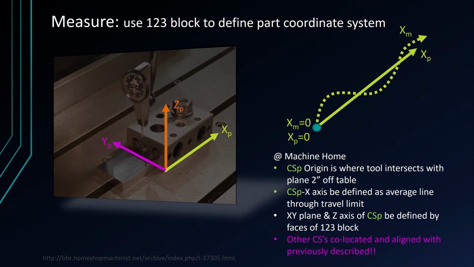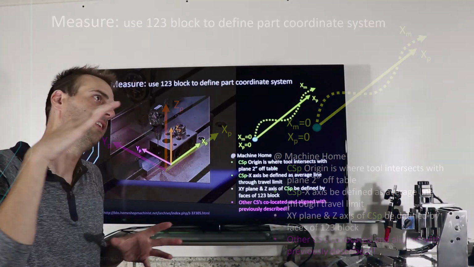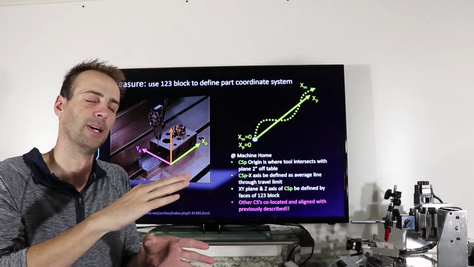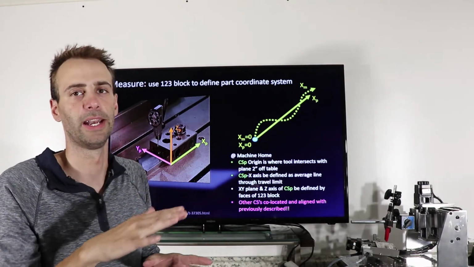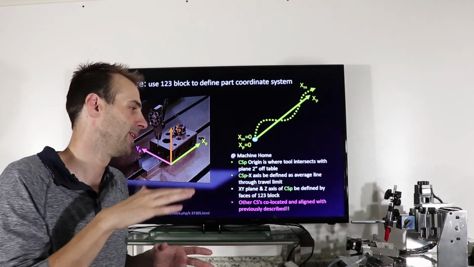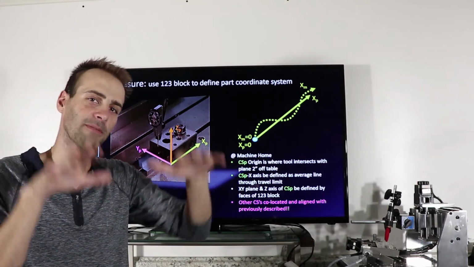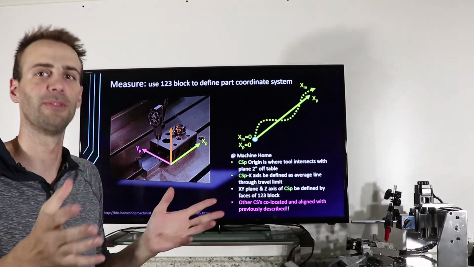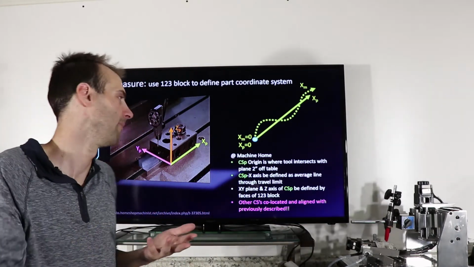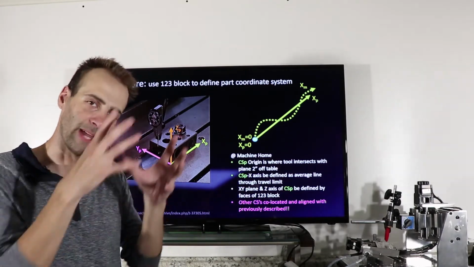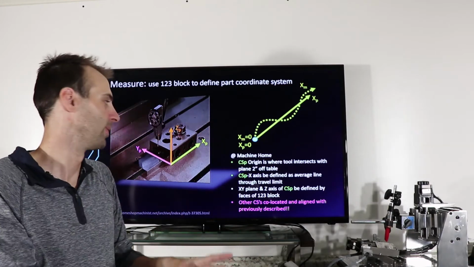So if your table is not flat, or if your fixture has a tilt to it, you want to replicate that. If my vise isn't ground right and I'm using a vise, or if I have multiple vises, take it off and just use the table, okay? So basically, wherever that block lands, that's the coordinate system, okay?